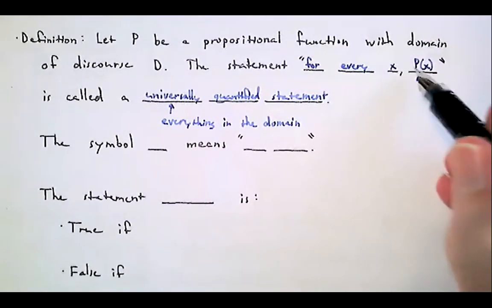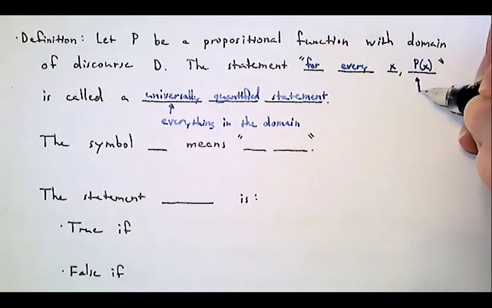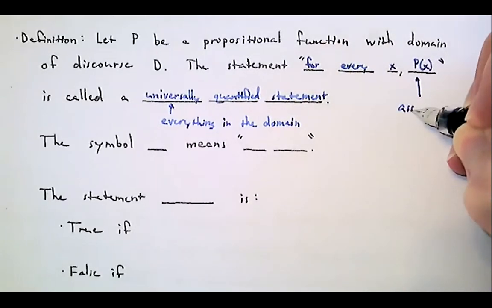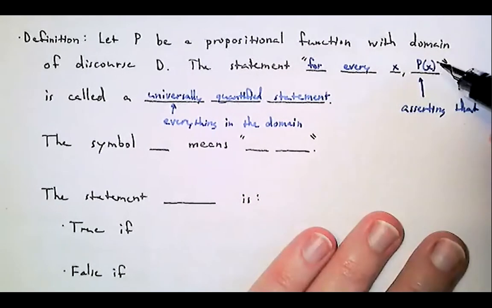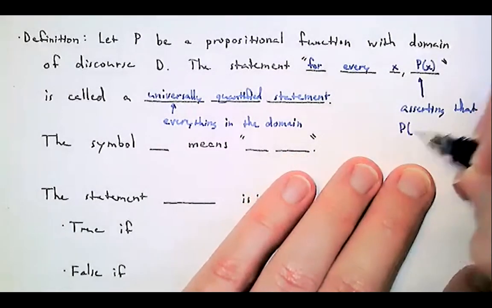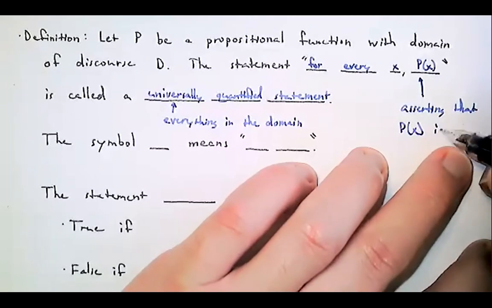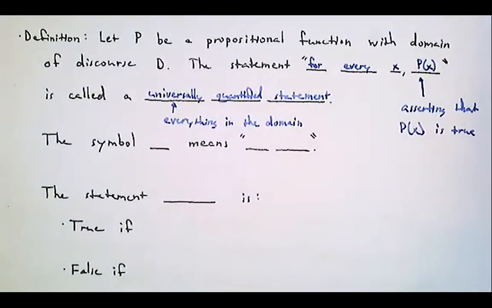So when you just write this by itself, you're asserting that P of x is true, whatever this proposition turns out to be. And we'll get to some examples in just a minute.